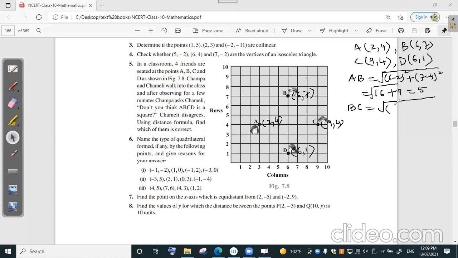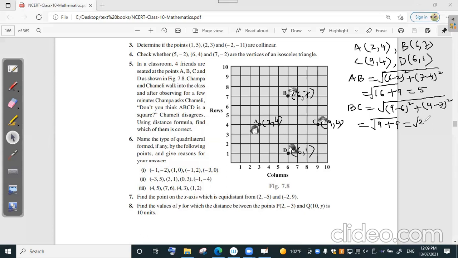BC means 9 minus 6 whole square, that is x2 minus x1, plus y2 minus y1, 4 minus 7 whole square. So 9 minus 6 is 3, square of 3 is 9, and 4 minus 7 is 3, so again 9. 9 plus 9 is 18, so under root 18, or 9 twos are 18.